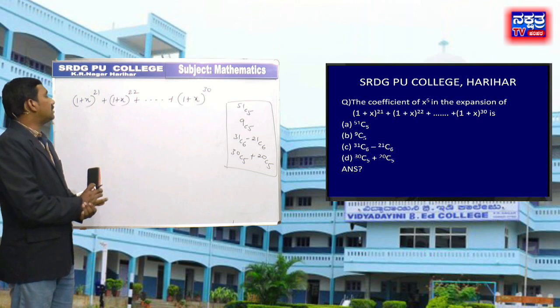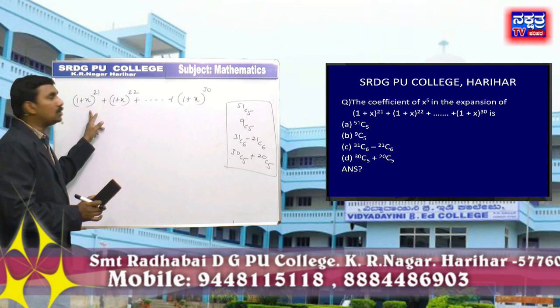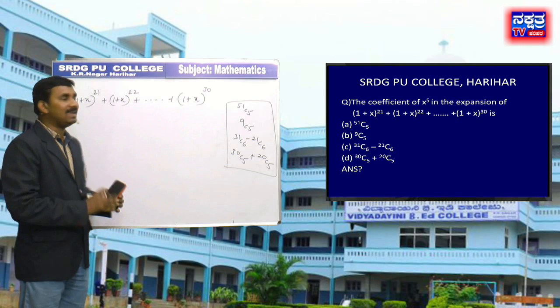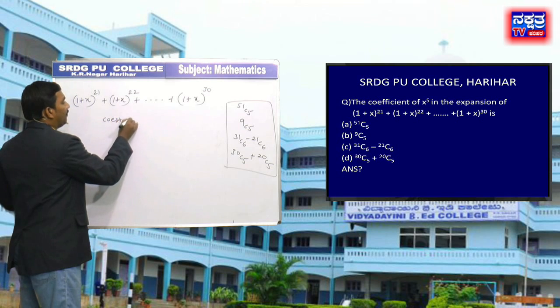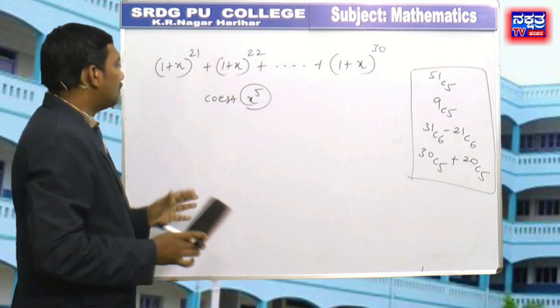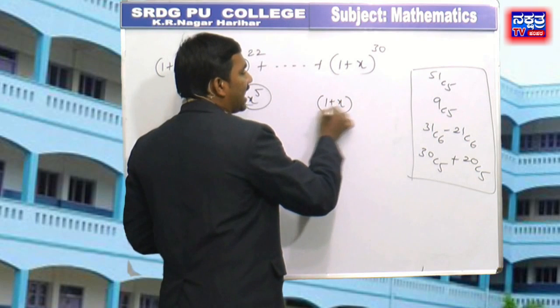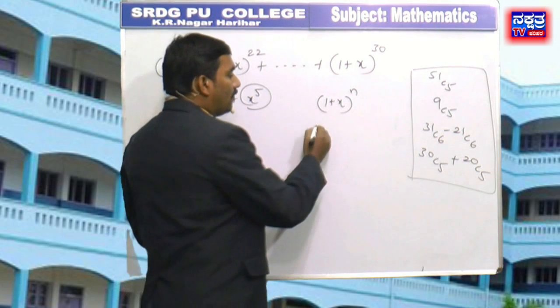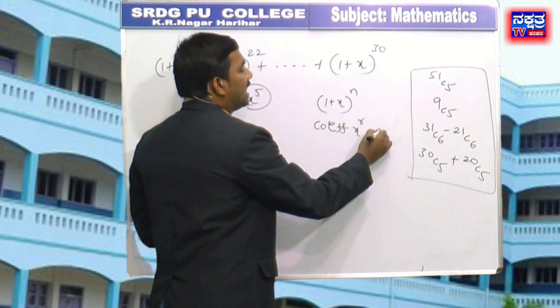Dear students, the given expansion is (1 plus x) whole power 21 to (1 plus x) whole power 30. In this, we have to find only the coefficient of x power 5. Remember here (1 plus x) whole power n: the coefficient of x power r means nCr.